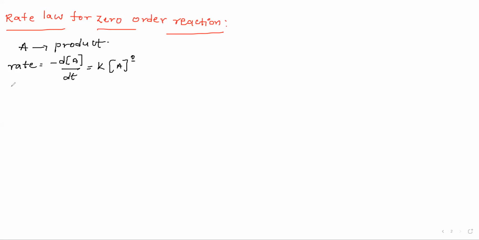So how can we write the units of the rate constant? We already know how to write the units: moles per liter per second, right? Mol L^(1-n) s^(-1). So moles per liter per second for zero order reaction.